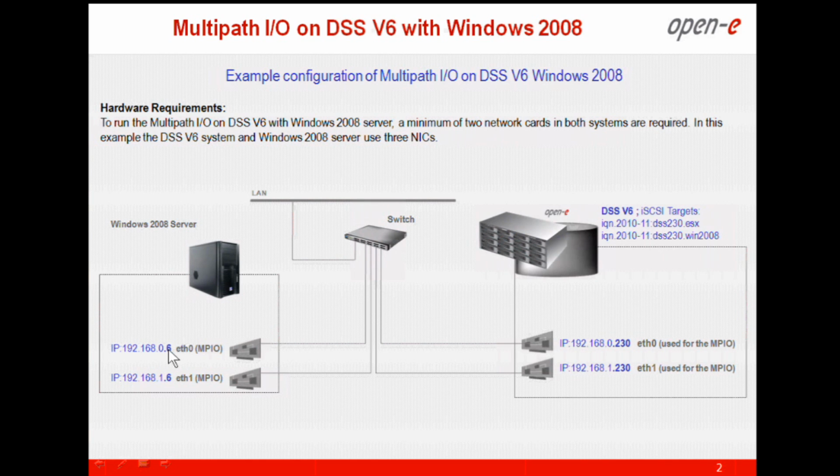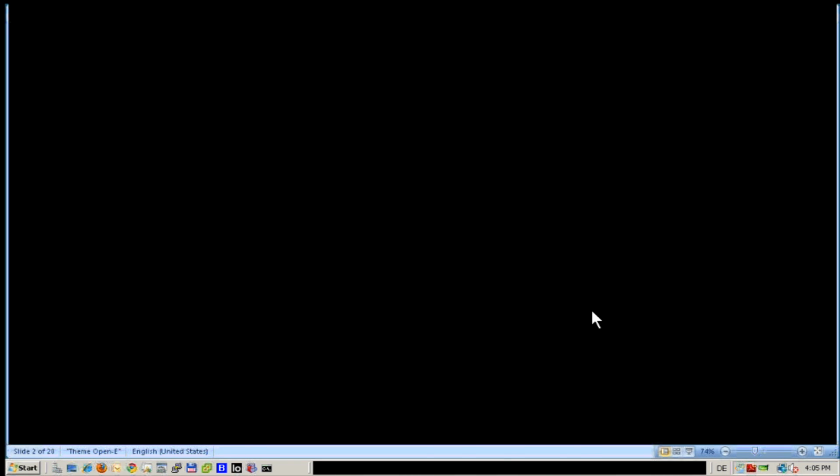The first card is in subnet 0, so 0.6, and the next card is in subnet 1, so 1.6. That's all, a very simple configuration. My notebook is also in subnet 0, so I'm accessing Windows over the first network interface card, and the same for the web GUI of the DSS.